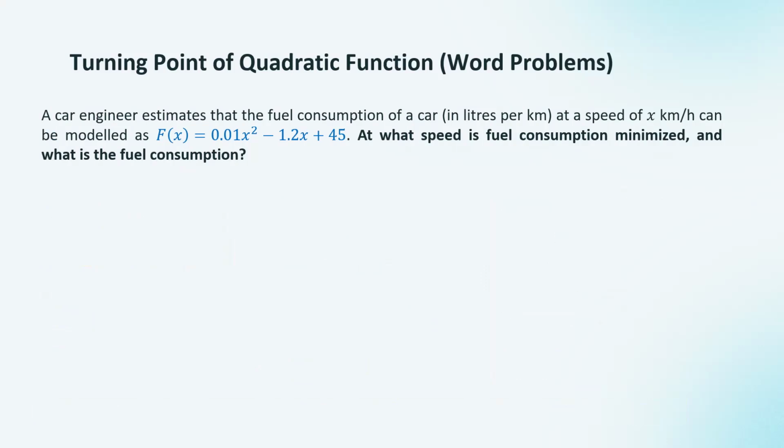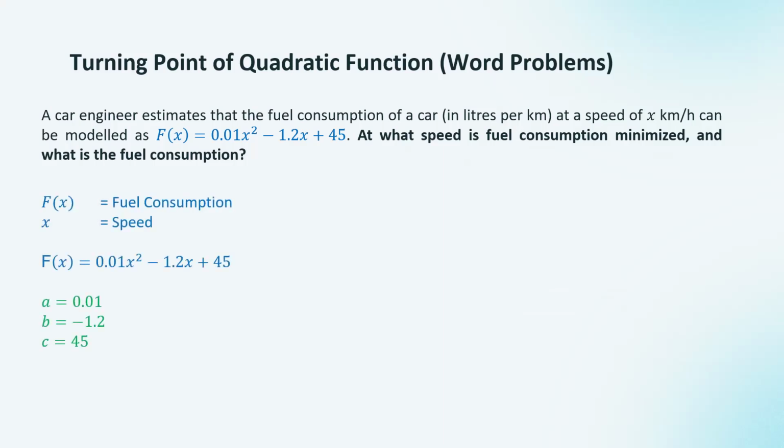Now, the next example is going to be another word problem. A car engineer estimates that the fuel consumption in liters per kilometer at a speed of x kilometers per hour can be modeled as this quadratic function. At what speed is fuel consumption minimized and what is the corresponding fuel consumption? So in this case, we know that f(x) is going to be the fuel consumption and x is the speed.